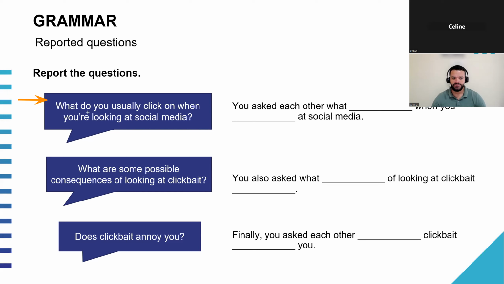And then you asked each other what, we need a subject, and then we use the simple past. So in this case, you asked each other what you clicked on when you were looking at social media.